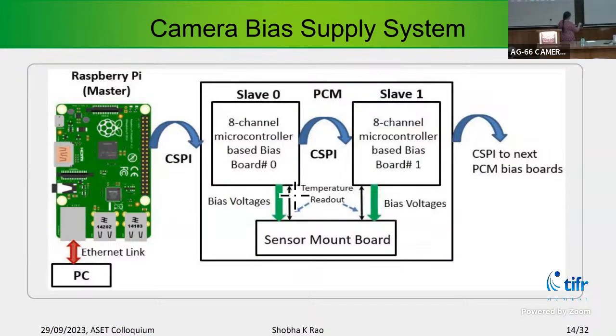And this is the entire bias system. What I'm showing is one board here, but there will be 32 boards daisy chained here, controlled by one single Raspberry Pi.